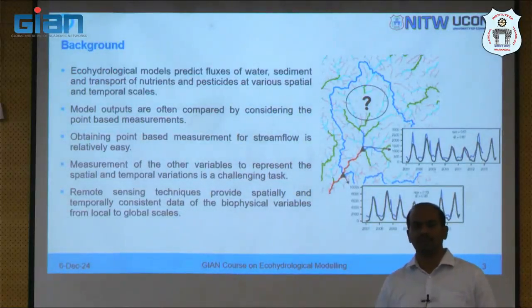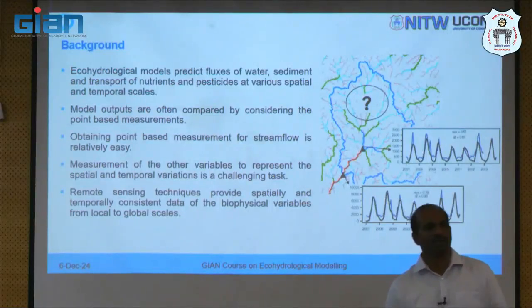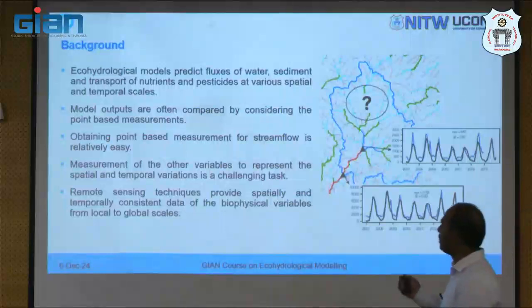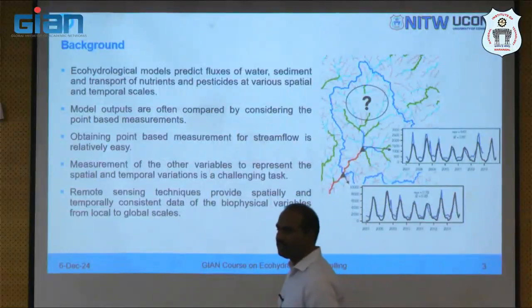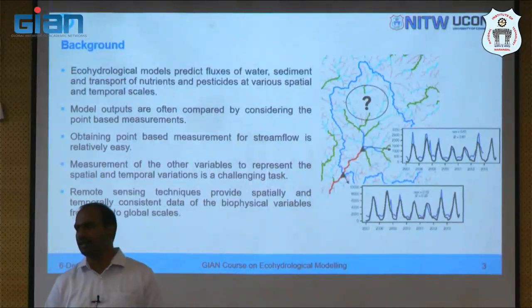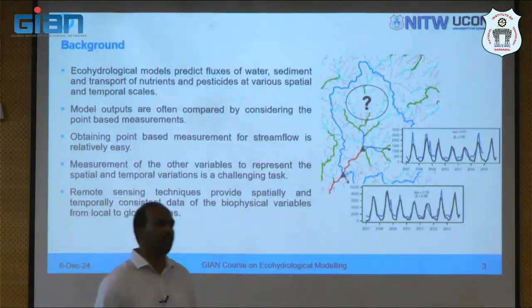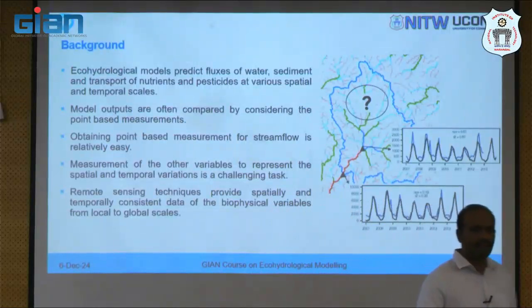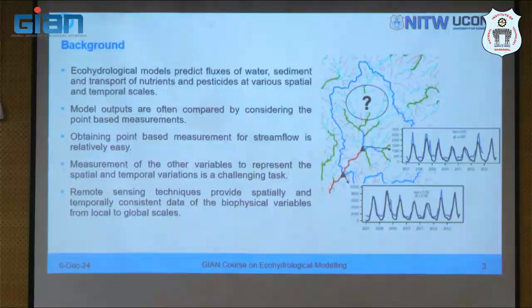One is because of the spatial variation, and also you cannot have point measurements. Evapotranspiration will have a spatial variation. Soil moisture will have a spatial variation, right? Crop growth will be varying from one part of the watershed to another part of the watershed. So there is a spatial variation that is occurring, and it becomes challenging for us to measure all the variables. And that's where the remote sensing products do help us. Remote sensing products have the ability to capture at various spatial resolutions, right?